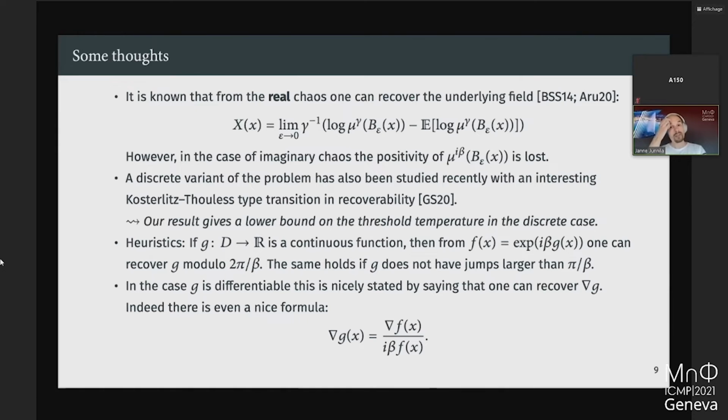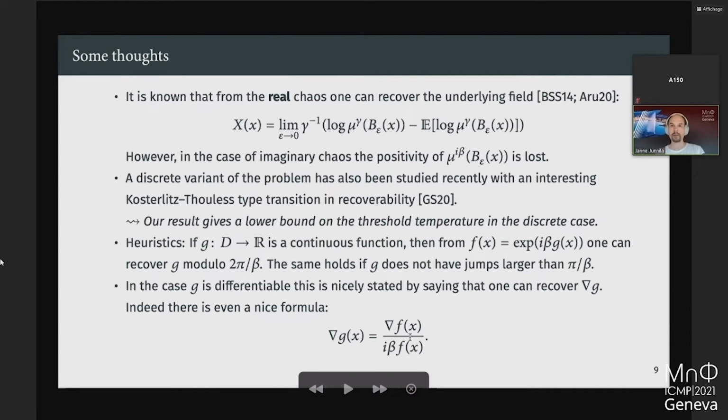And so you would hope that the distribution X would in some sense be not too rough, so that you could still do some kind of tracking. A nice way to restate this heuristic is to consider the case where g was even differentiable. Then you can write the formula for the gradient of g.